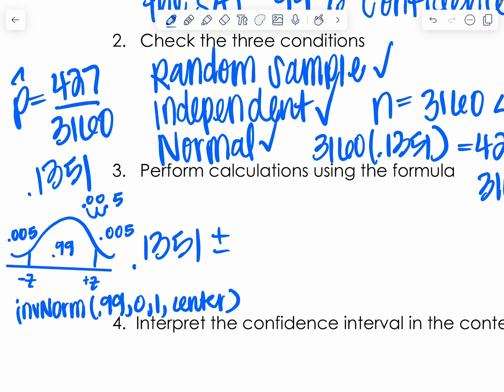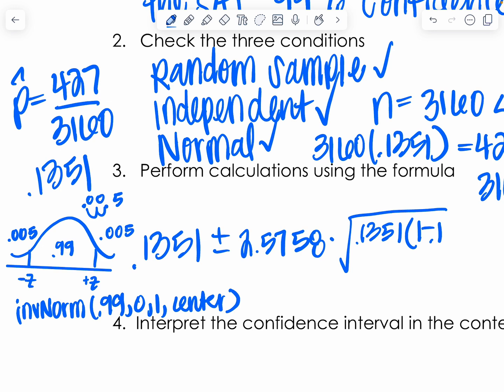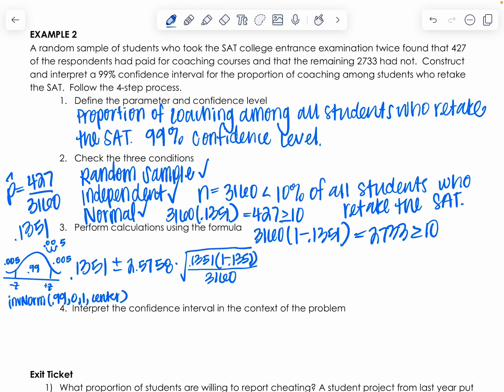That gives me a critical value of plus or minus 2.5758 times our big square root, 0.1351 times 1 minus 0.1351 all over n, which was 3,160. Yikes, that's a lot of writing.